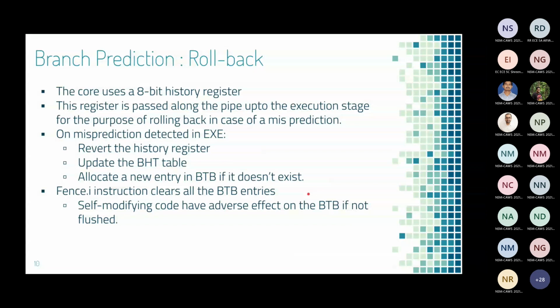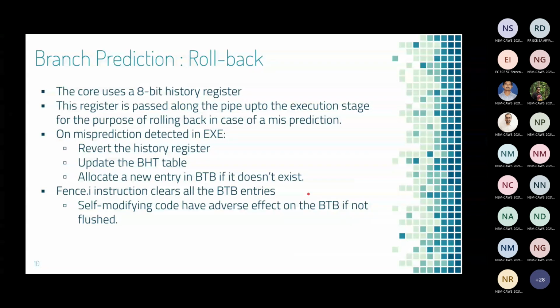Also, when you have self-modifying code, you will be modifying the instruction cache, correct? So whenever you perform a fence.i, you're flushing the instruction cache, because now the same address, which was earlier a branch instruction, could now become an add operation or a mul operation, right? Because you modified the instruction region itself.